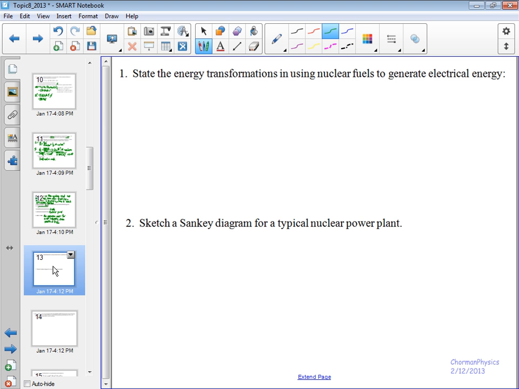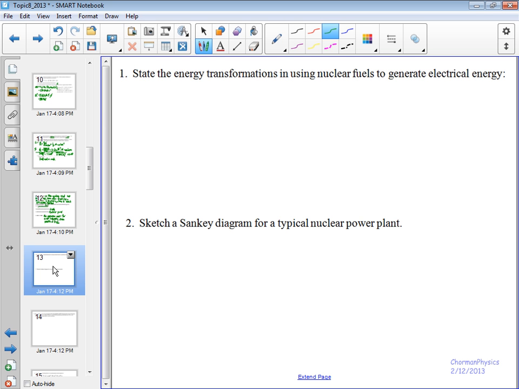All right. So let's talk about how exactly we generate electricity. What we do is we have the fuel rods in some sort of substance, typically a moderator, that helps to slow down the neutrons.